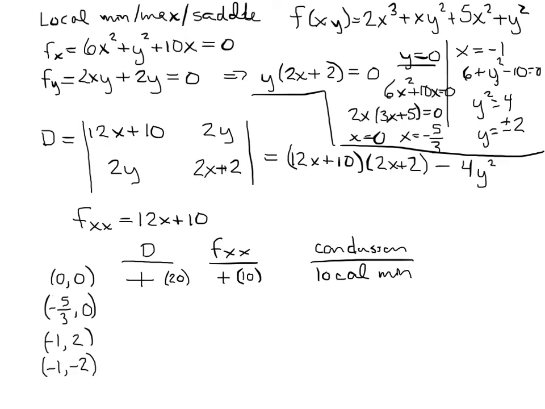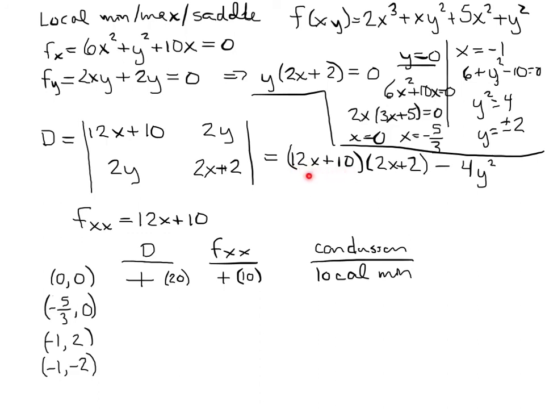All right, we've got 3 more to do. Same thing. We're going to take negative 5/3, 0 and plug it into this equation. Now, once again, y is 0, so it takes away that second part. And then for the first part, if I plug in negative 5/3 into this first equation, that's negative, it's 5/3 is bigger than negative 1, that's for sure.